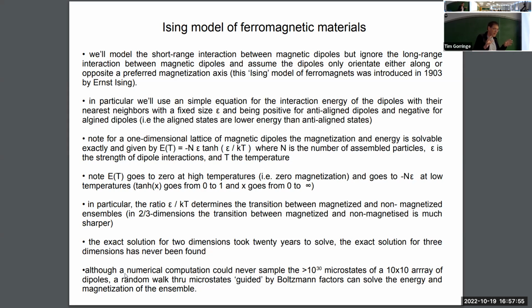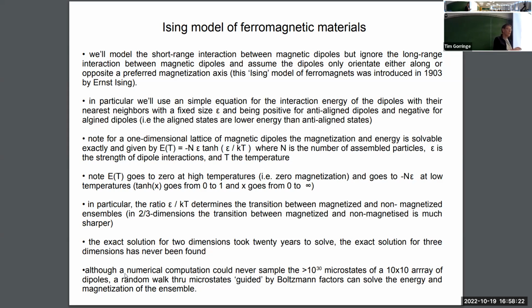Now, just this point: you can't do the calculation by walking through all the microstates of the system and evaluating their magnetic energies and calculating an average. That doesn't work, because even if you just had a tiny array of atoms, say a two-dimensional array 10 by 10, so 100 atoms, you've got 10 to the 30 microstates.